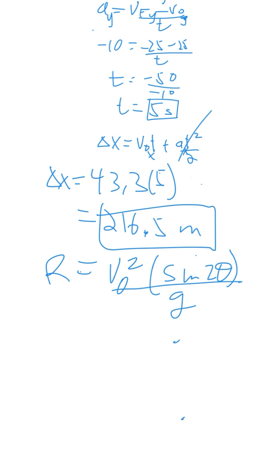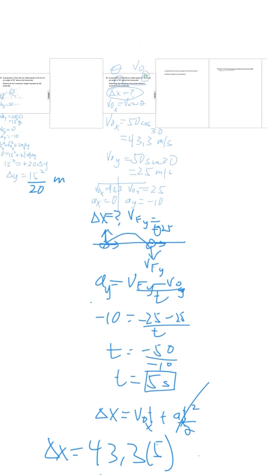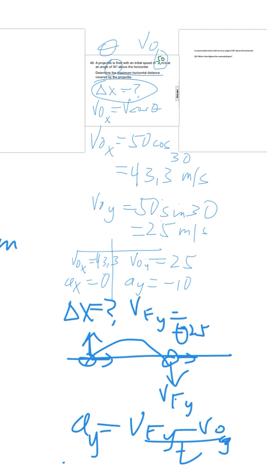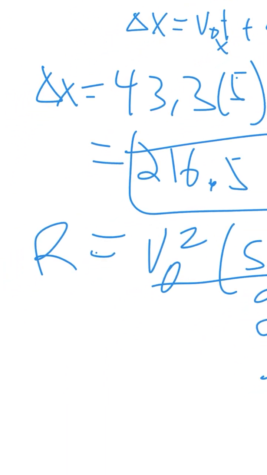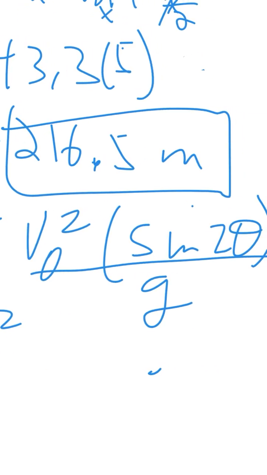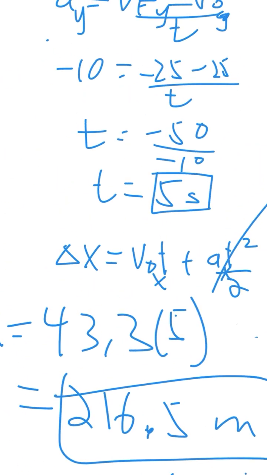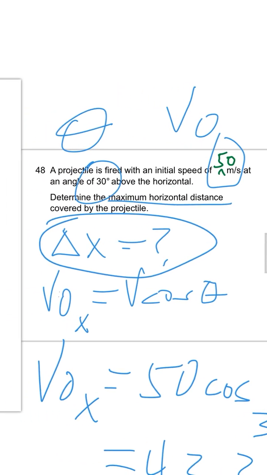So VO is 50 squared times sine of 2 times, what's the launch angle? 30.